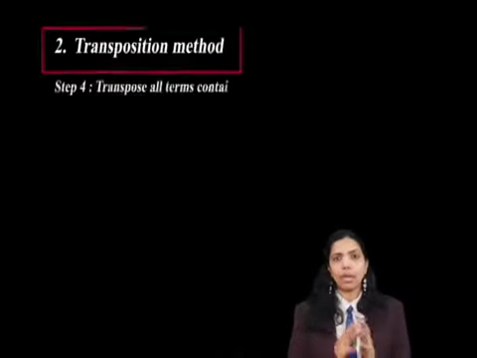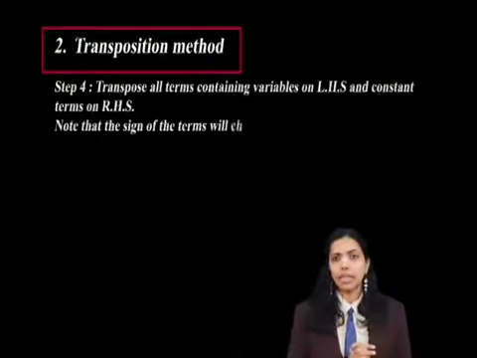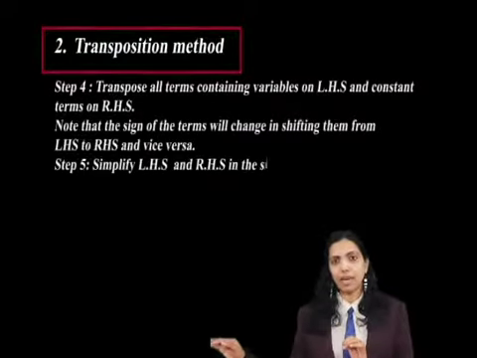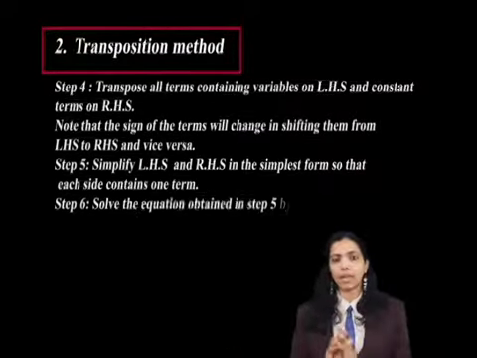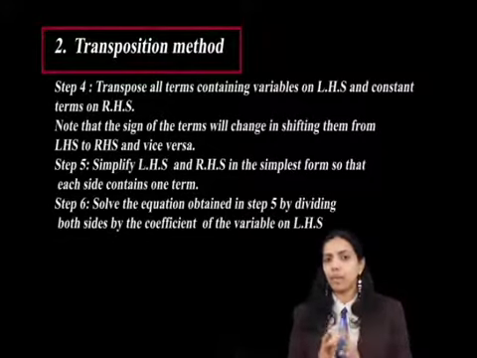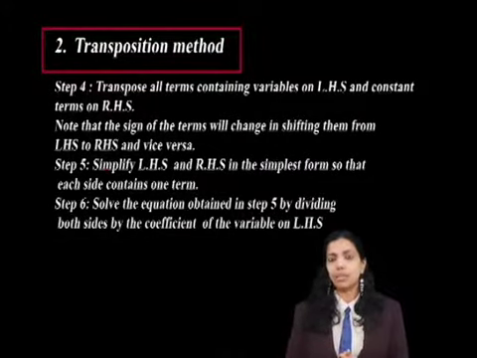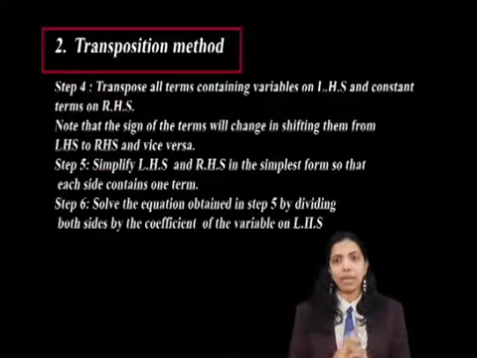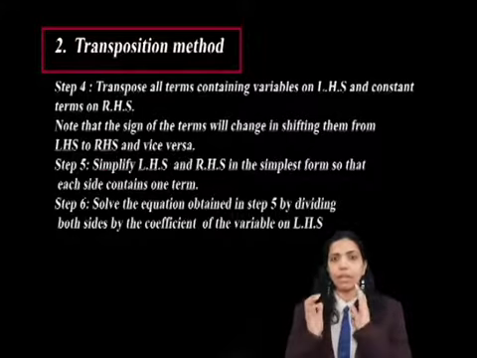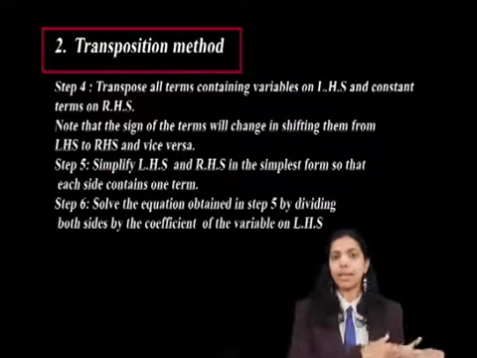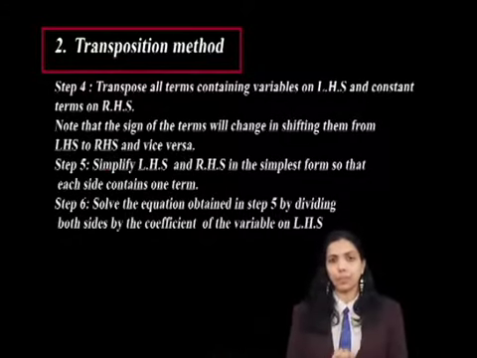Step 4. Transpose all terms containing variables to the left hand side and the constant terms to the right hand side. But a very important thing, note that the sign of the terms will change in shifting them from the left hand side to the right hand side and vice versa.